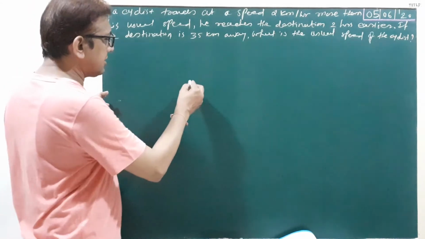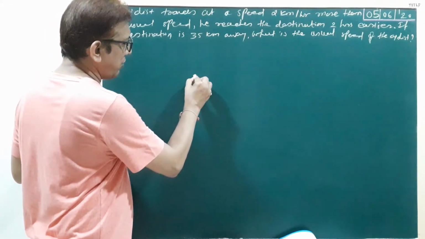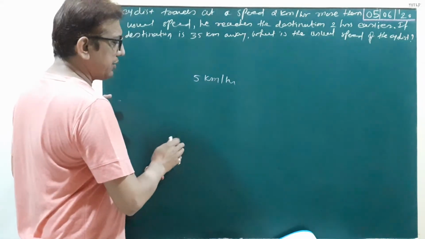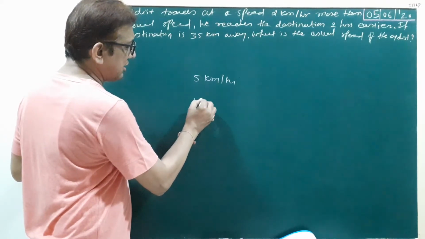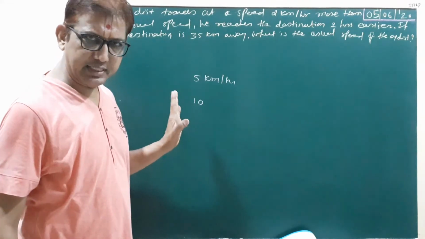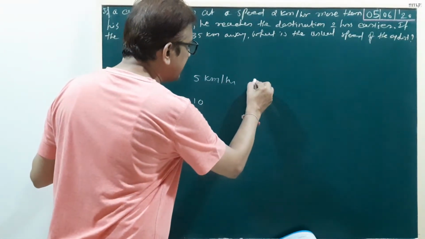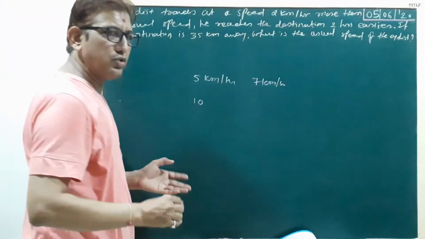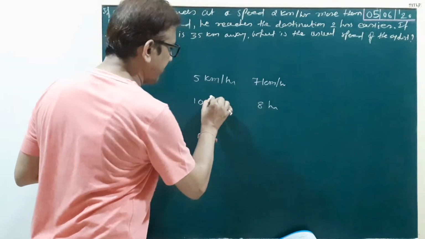Suppose you are the cyclist, and your speed is 5 km per hour. Now I will reach the destination in 10 hours. Now our speed is increased, suppose to 7 km per hour. So now we reach our destination in, suppose, 8 hours.